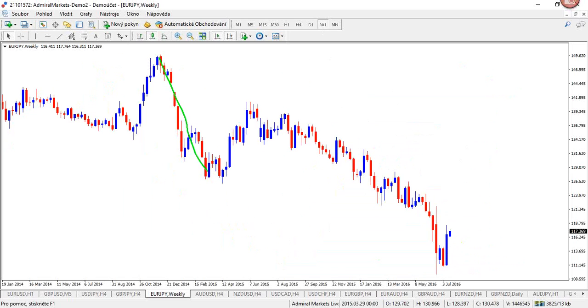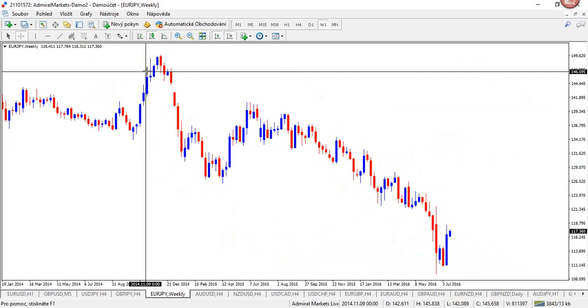And this could have been an ABC correction. Now, one more thing adding to the confirmation that this could be an ABC is the fact that the C so far, this third move down, has been quite corrective compared to the first fall.